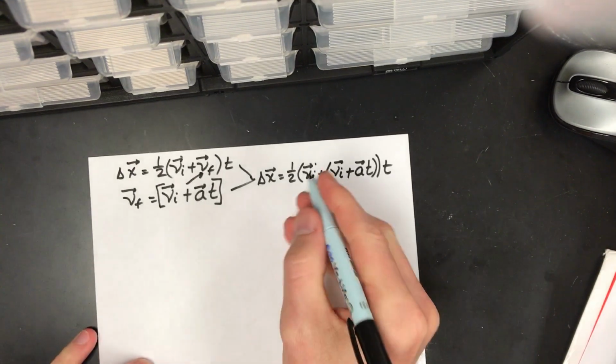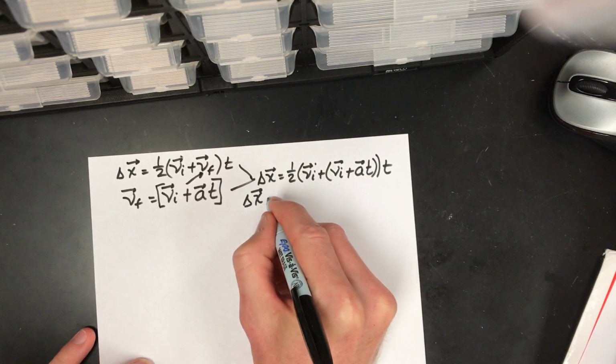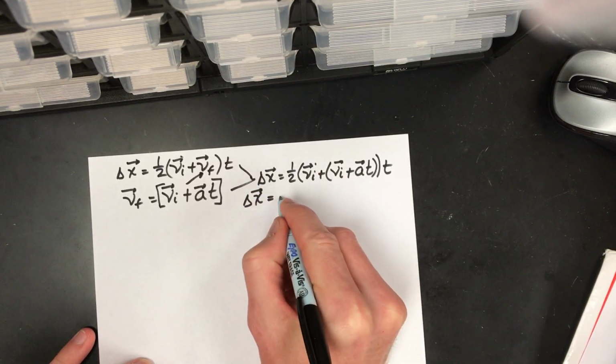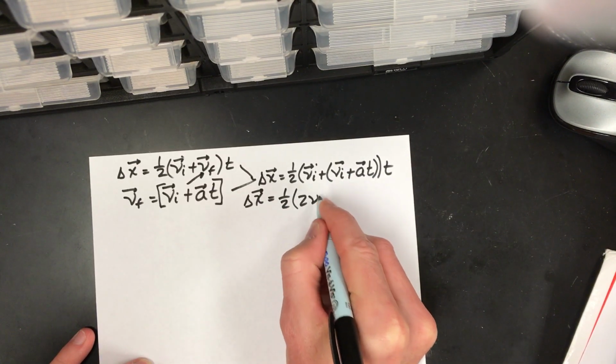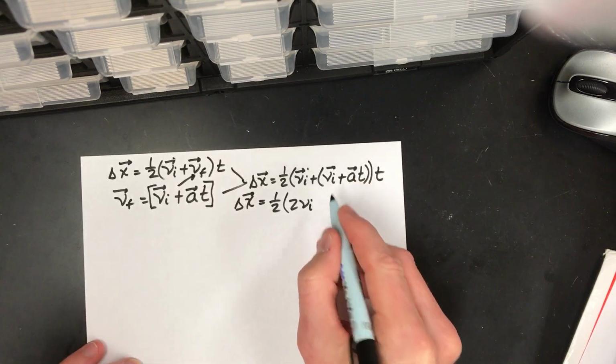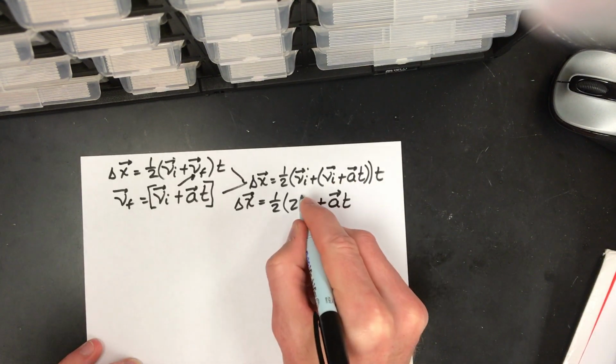All right, so we can combine. You've all done this before. Combine the v's: 2Vi plus at. I'm going to go step by step here.